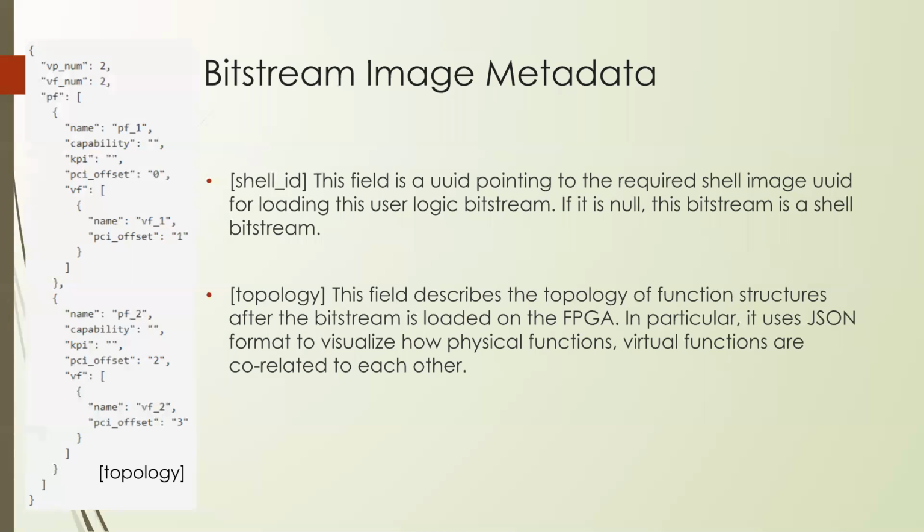One thing we could do when we do the matching is, when we store a shell district in there, once we store it in Glance, we will have this UID and this UID.